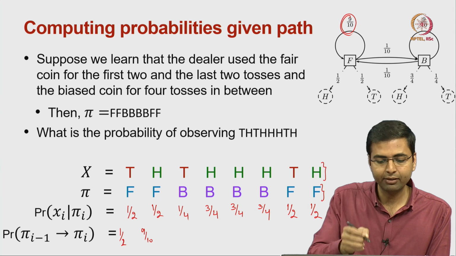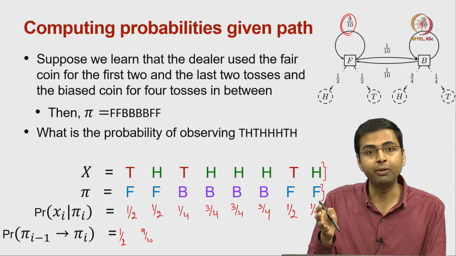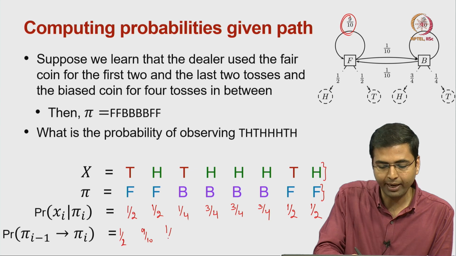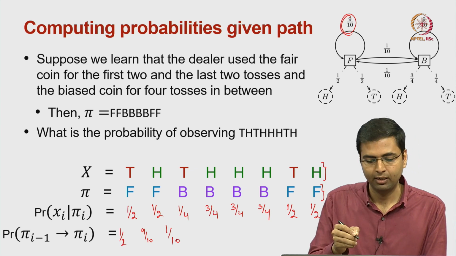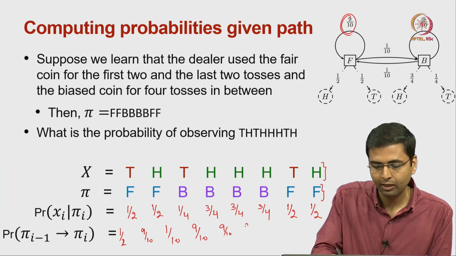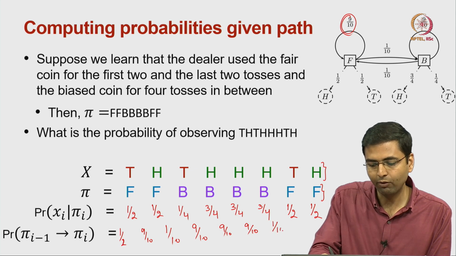Next we are switching from state F to state B, that is, from a fair to a biased coin, so this will be 1/10. Then we are sticking with the biased coin, so that will remain 9/10, 9/10, 9/10. Then we are switching, that will be 1/10, and then we are retaining the fair coin, so that will be 9/10.